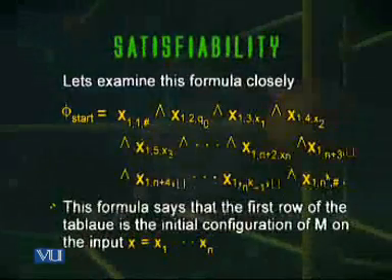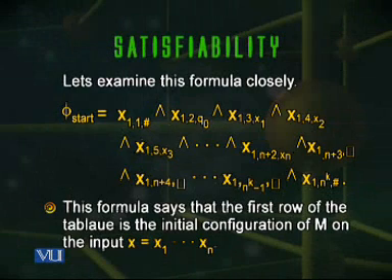And that's what is being insisted by phi start, that the first row of this tableau must be the initial configuration of this Turing machine. So this formula says that the first row of the tableau is the initial configuration of the Turing machine M on the input X equals x1 up to xn.